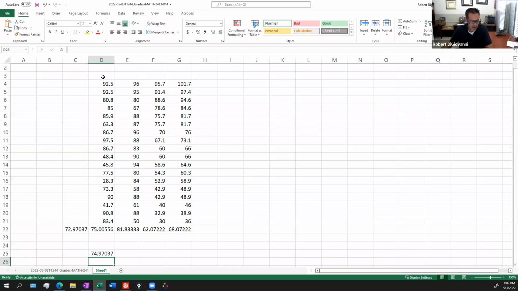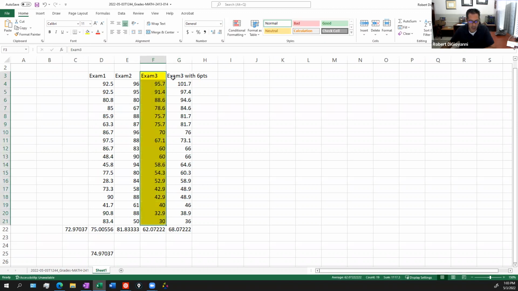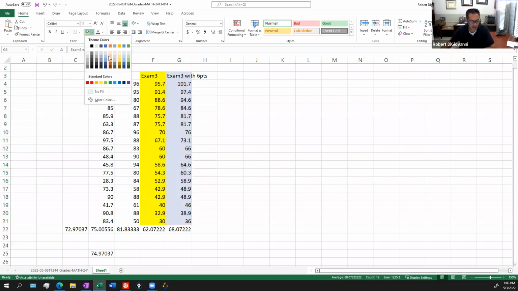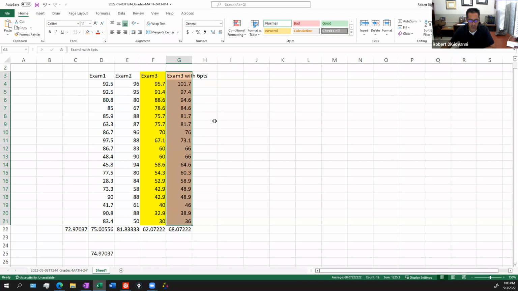So what you see here are the exam 1 grades, exam 2 grades, exam 3 grades, and then exam 3 with 6 points added. The exam 3 grades are here in yellow, and this is with the curve here in kind of orange.